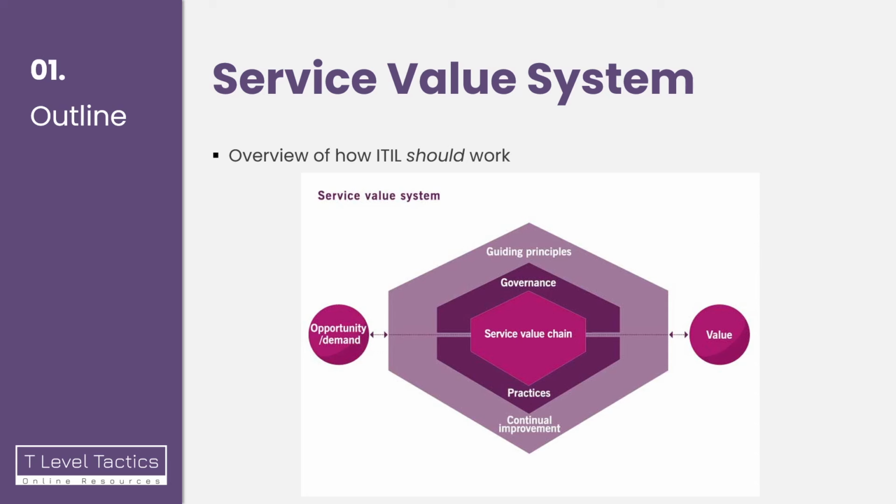And around that, we have the guiding principles of ITIL and this concept of continual improvement, which we'll come back to in a moment. On either side, we've got opportunity and demand on the left and value on the right. And this essentially shows the process where if we have a demand or an opportunity for a new product, that we use the service value chain in order to create value.